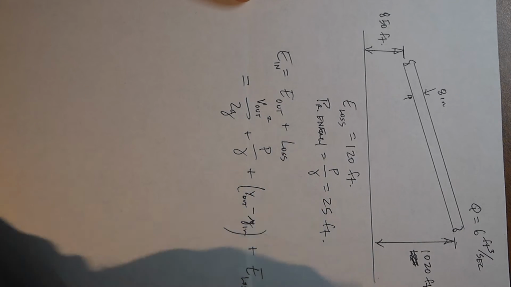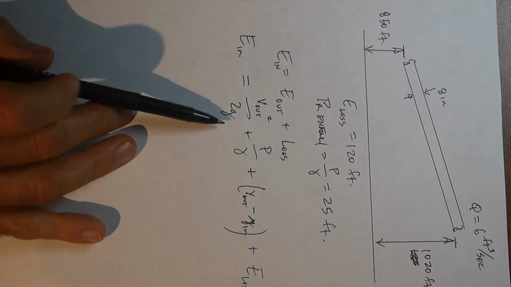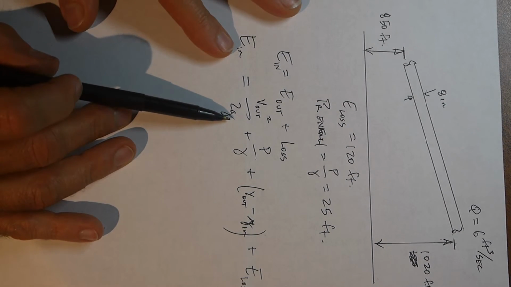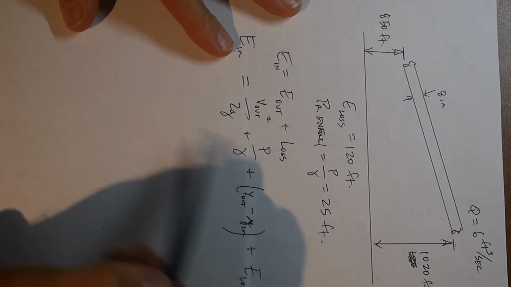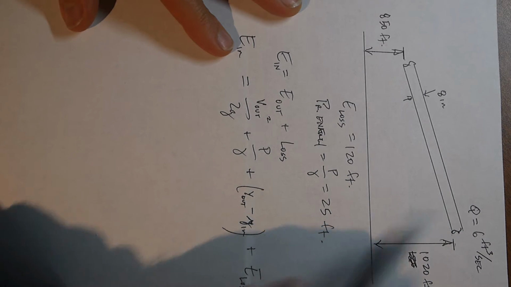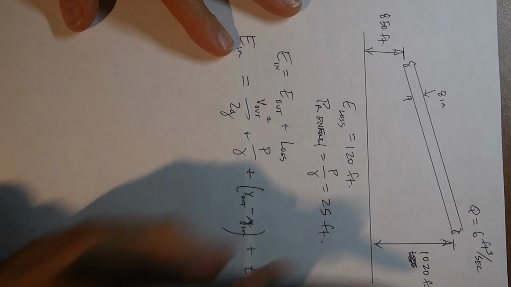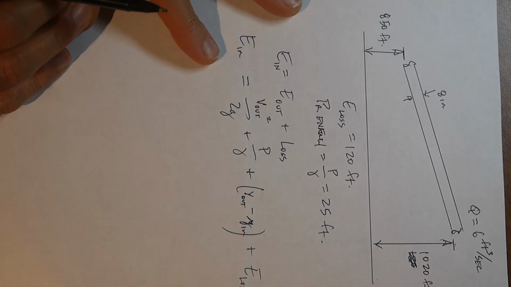So that's everything that needs to be for the energy in. It needs to match the velocity energy going out. It needs to have at least 25 feet of pressure energy coming out. It needs to overcome this height, and it also needs to overcome this 120 feet of energy loss.